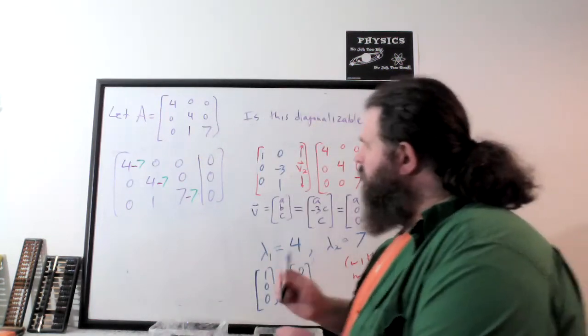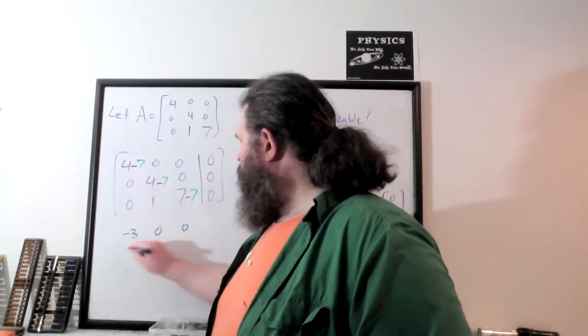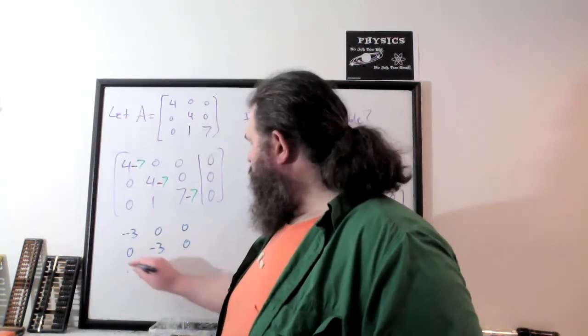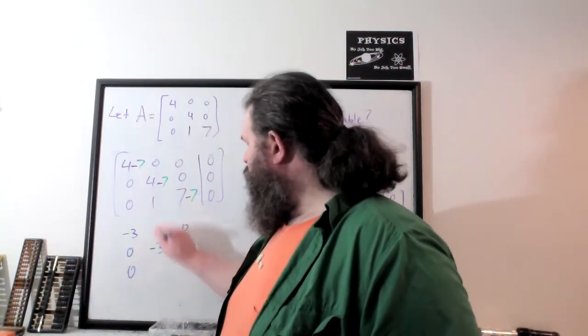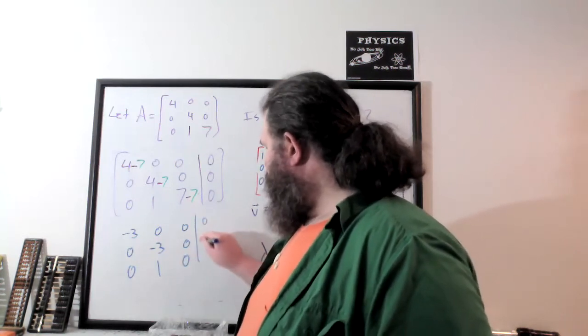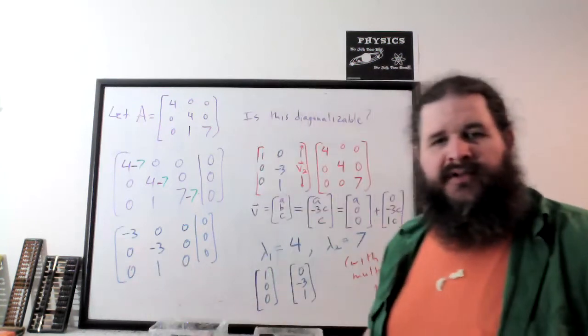We get 4 minus 7, 4 minus 7, and then 0, 1, 7 minus 7. And if we row reduce this matrix, what's going to happen?